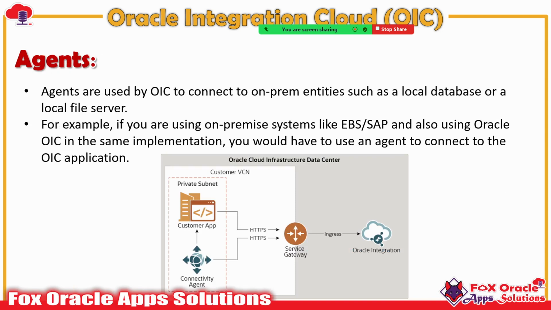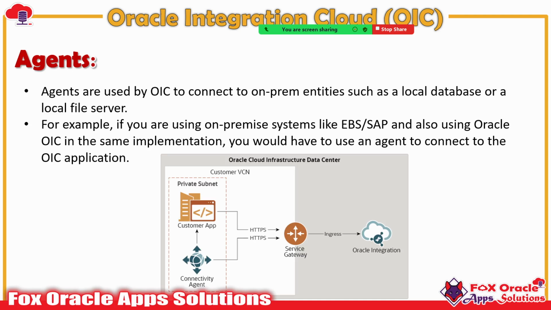Now next we have the agent. As I told you, the adapter identifies which third-party system we are going to connect to. There are different third-party systems that can be available over the cloud or can be on-premise applications. When we have to connect with a third-party system available over the cloud, we can directly use the adapter to create the connection.